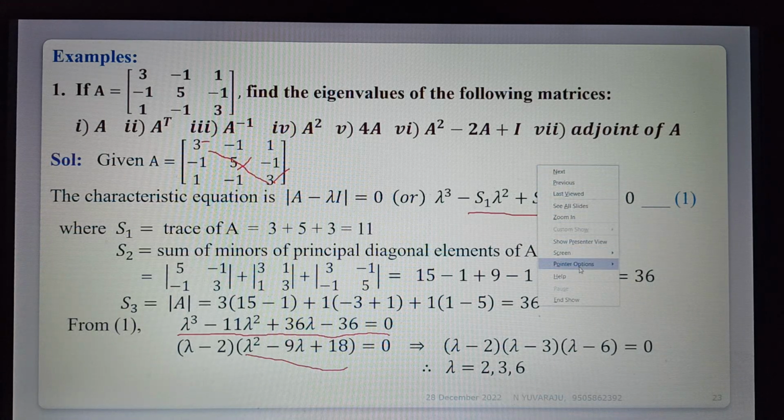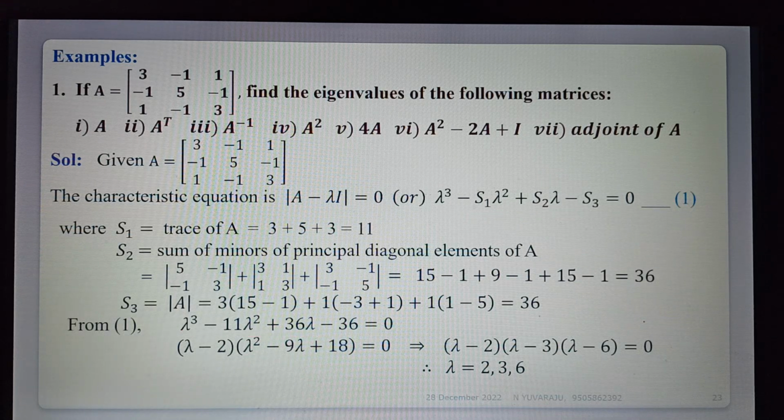Using these eigenvalues and the properties of eigenvalues, we find all the matrices. So the eigenvalues of A are 2, 3, 6.